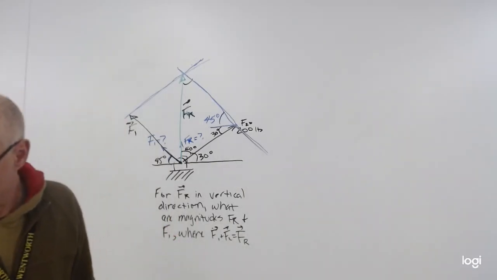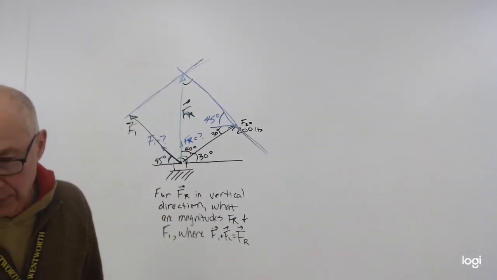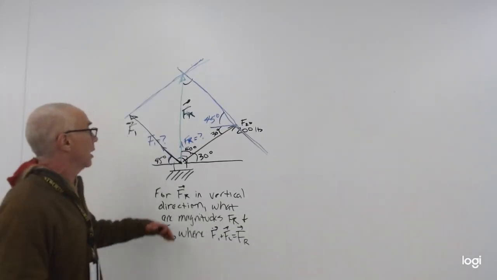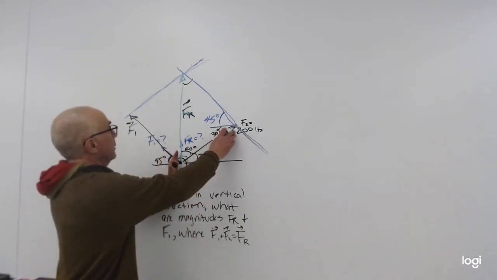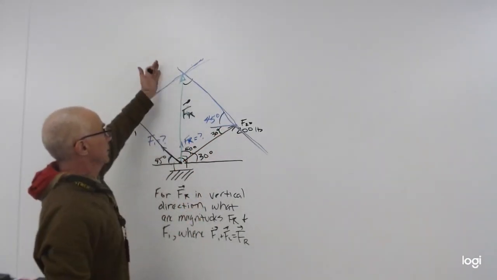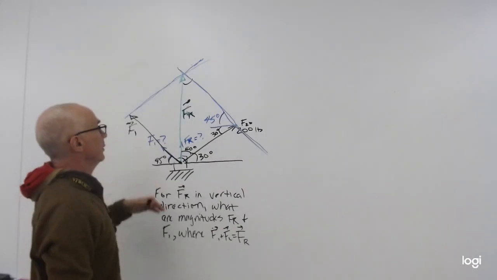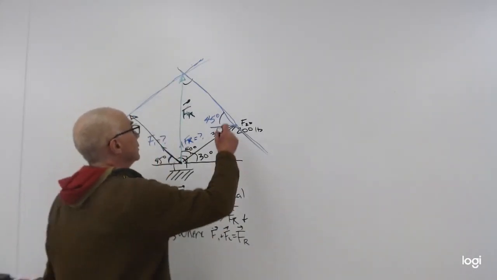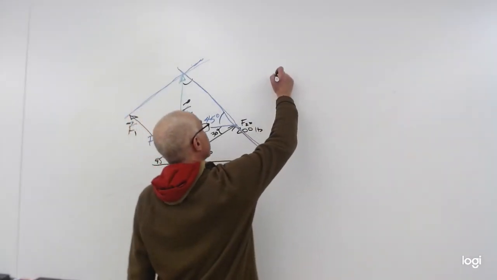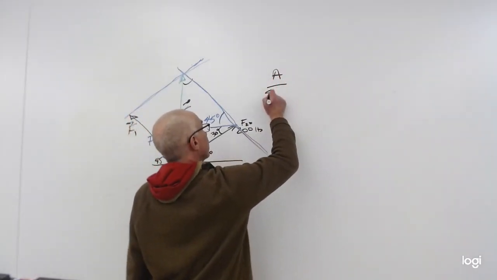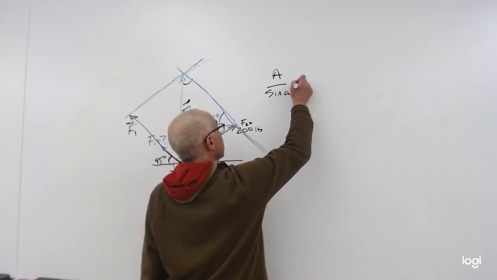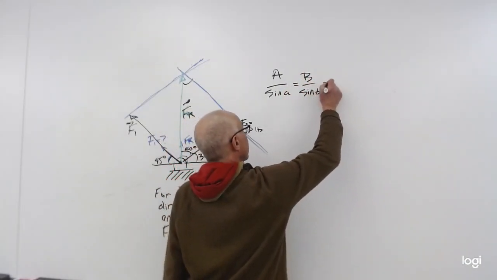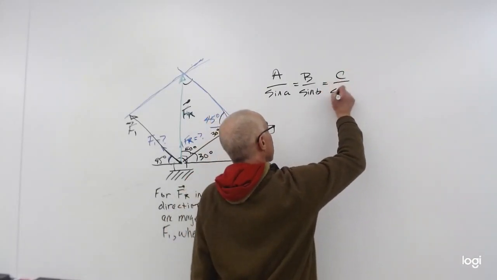The sine law relates the ratio of the length to the opposite angle. In this case, we have our length, f of r. So I'll write it out here: A over sine A equals B over sine B equals C over sine C.